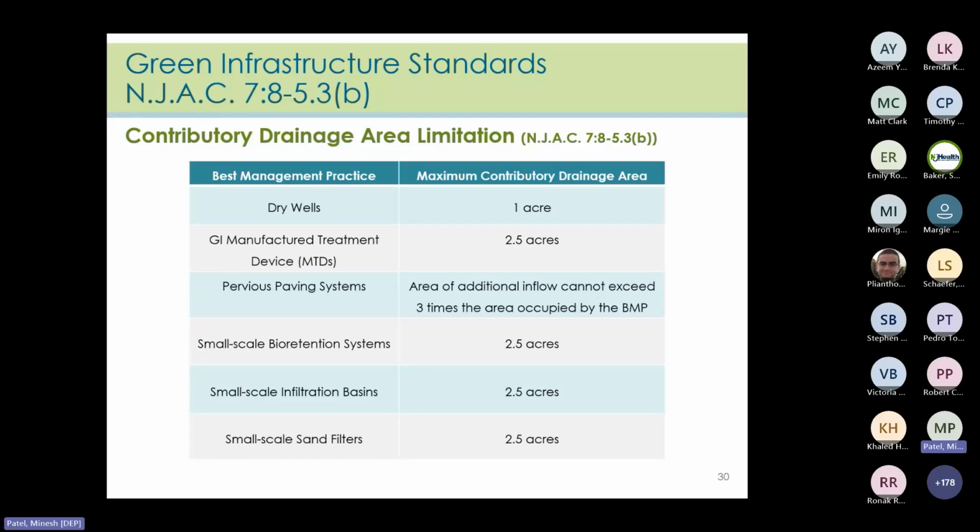However, a design like this is not going to meet the GI definition because GI means a stormwater management measure that manages stormwater close to its source. The design of small-scale GI BMPs shall be distributed throughout the site and manage the runoff closer to the source that is generating the runoff.